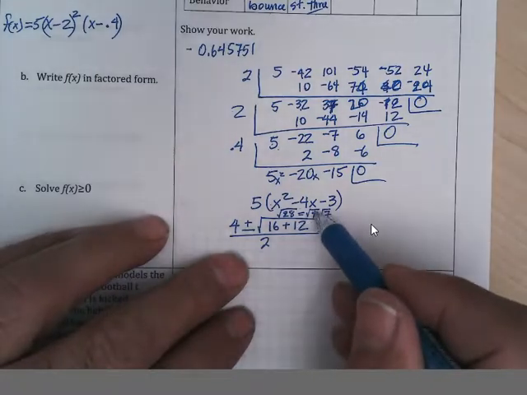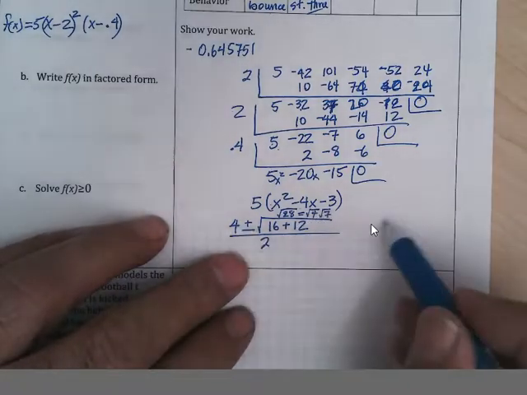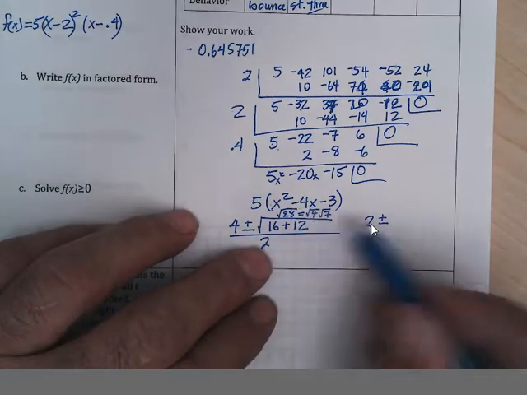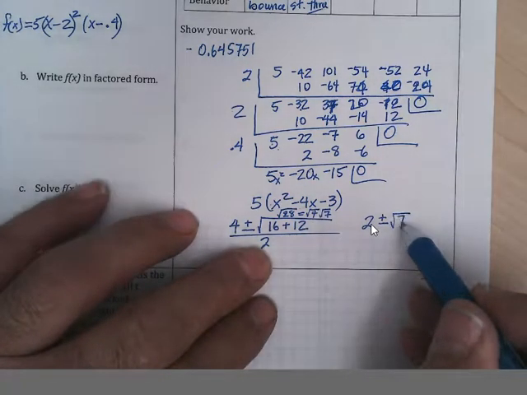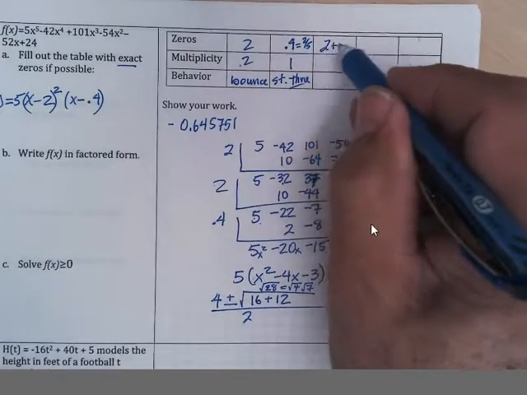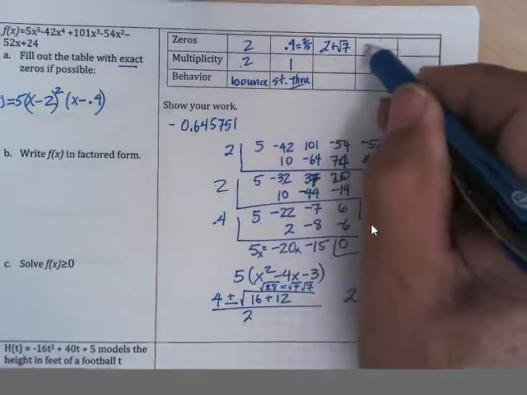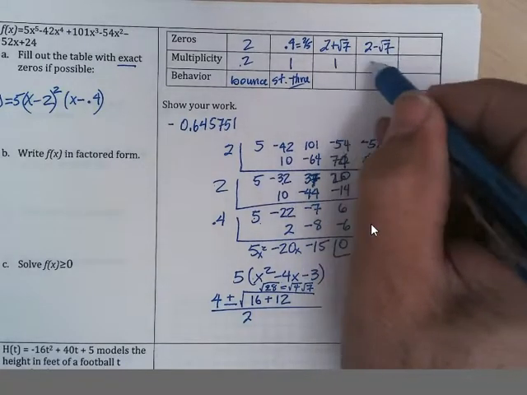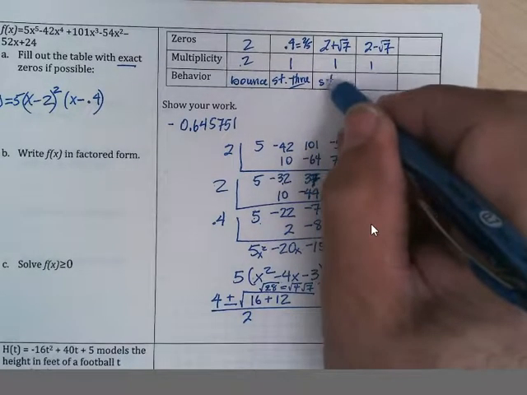Square root of 4 is 2, so 2 will go in the 4 and make 2 plus or minus, and 2 will cancel the square root of 4, which is 2, and plus the square root of 7. So my other two answers are 2 plus the square root of 7 and 2 minus the square root of 7, and they each happen once and they go straight through.